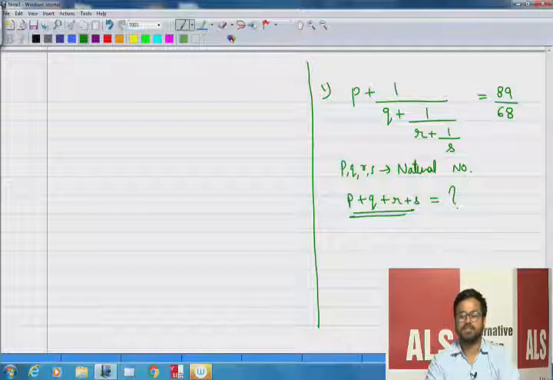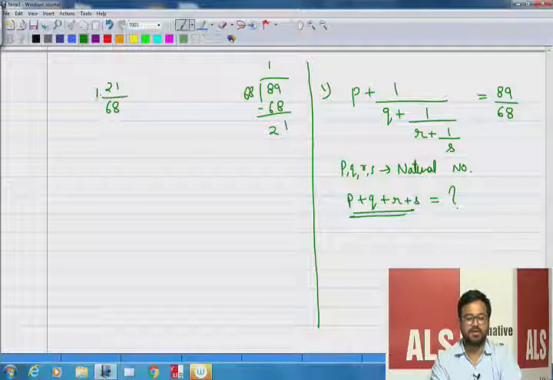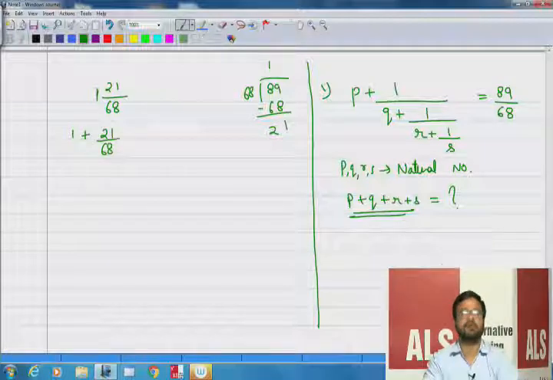So this is 89 by 68. So what you can do, when you divide 89 by 68, you can write it 68 times. So you can write this 89 by 68 as 121 over 68, right? Or you can write like this also, 1 plus 21 over 68, that is same as 89 by 68.